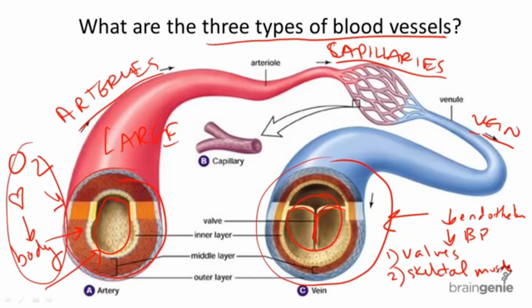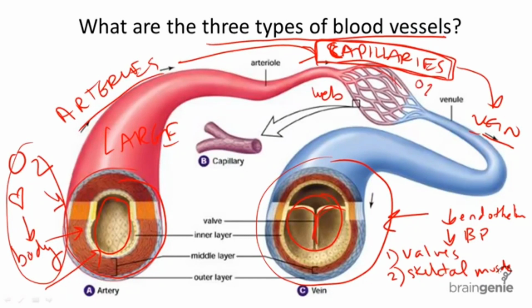Last but not least, we have the smallest blood vessels, the capillaries. Capillaries are important structures because they connect arteries with veins. How do they do this? These tiny vessels web together and meet where artery meets vein to exchange oxygen, nutrients, and waste for all body cells, either coming in or going out.